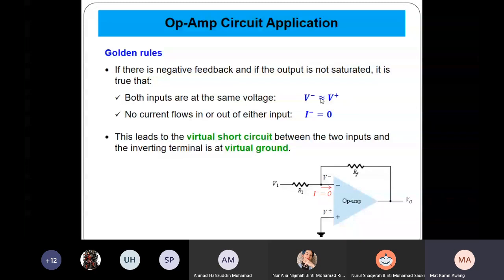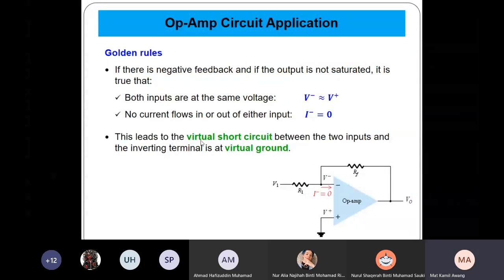The second rule is that there is no current flowing in or out of the input here. The current through this terminal, not this part, but this one, so I minus is equal to 0.